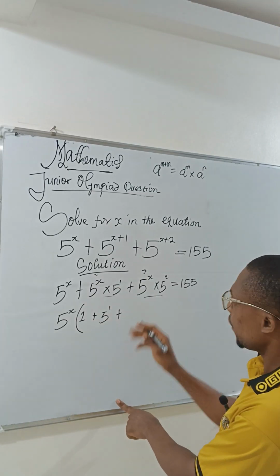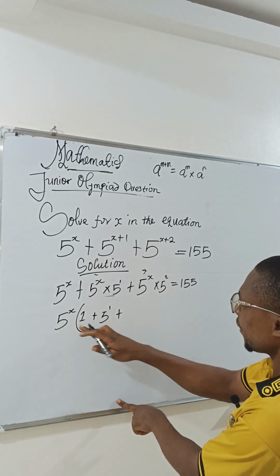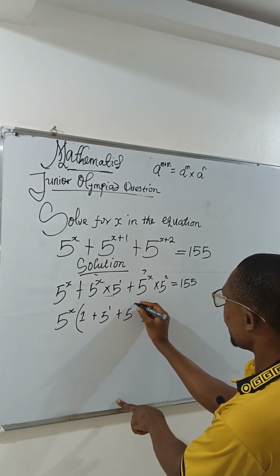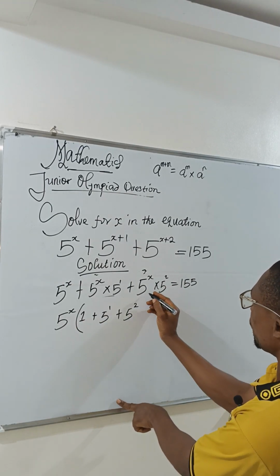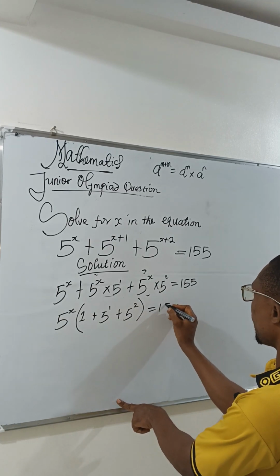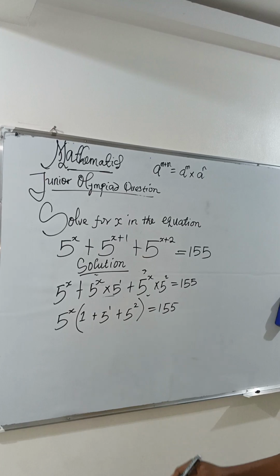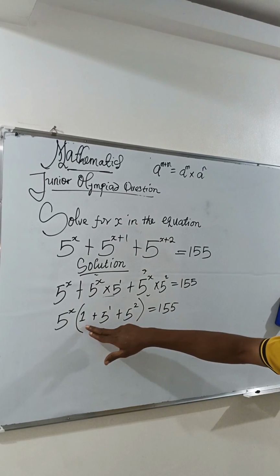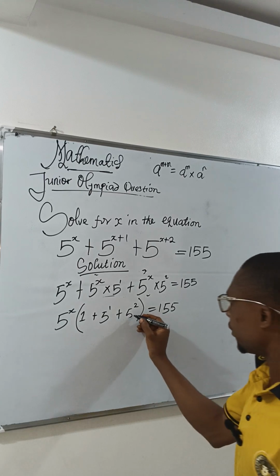Then, 5 to the power of x times 5 to the power of 2 gives me this one, so everything is complete there, equals 155.